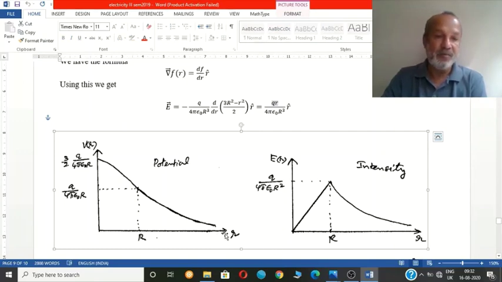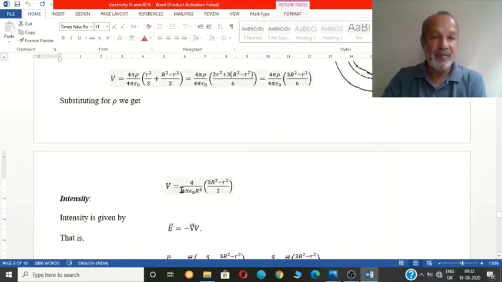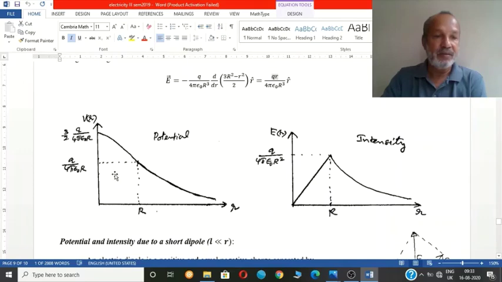And the potential at the surface is Q by 4 pi epsilon 0 R. At the origin, small r equal to 0, you can cancel the R square and R cube, and you will get R in the denominator, that is 3 by 2 of Q by 4 pi epsilon 0 R. 3 by 2 means 1 and a half, 1 and a half of this value.